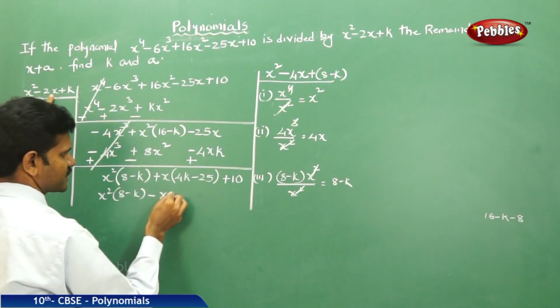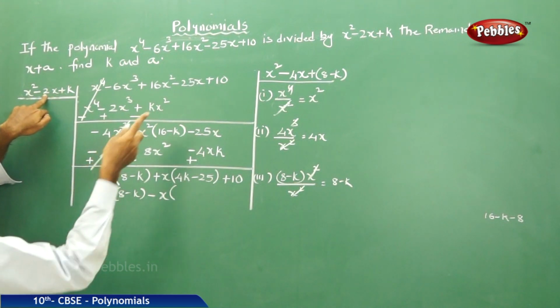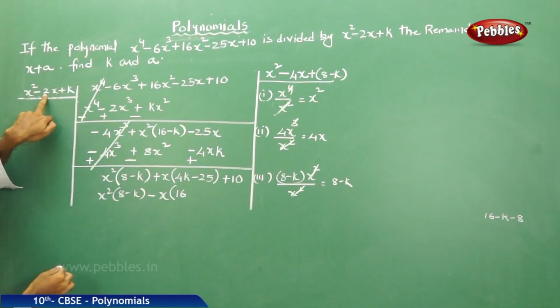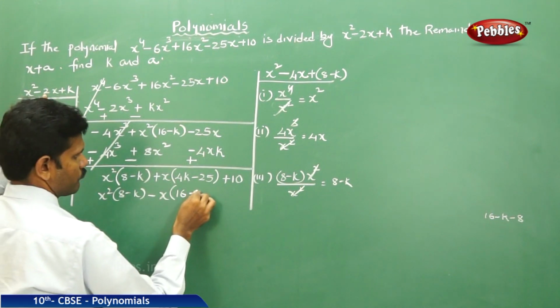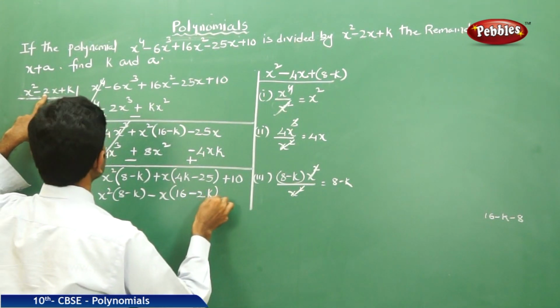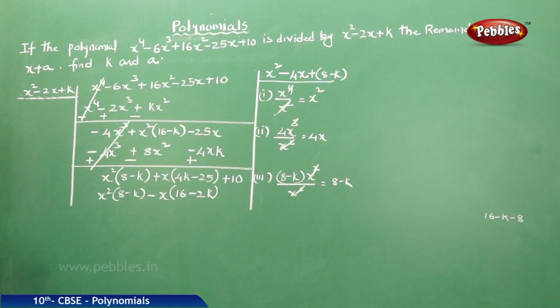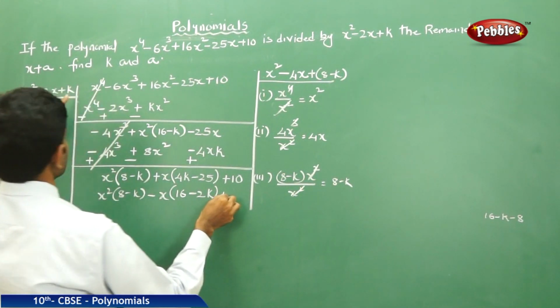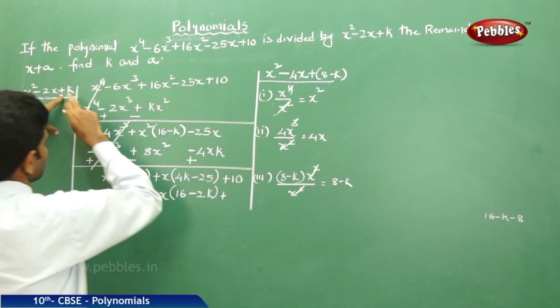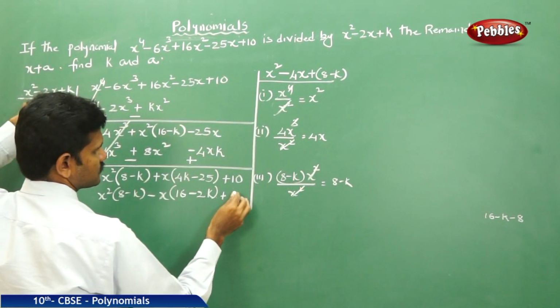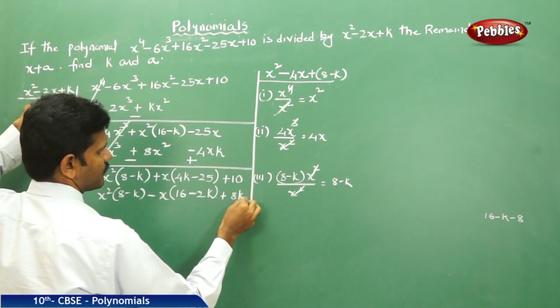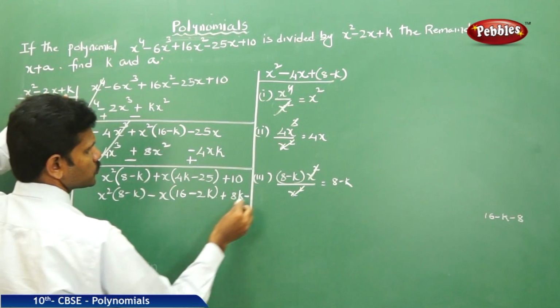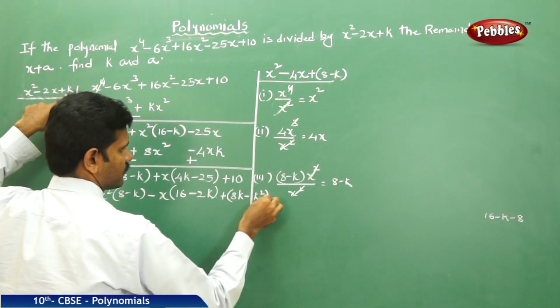Now separate the x terms: 2 into 8 is 16, next minus 2k, and plus k into (8 minus k) is 8k minus k^2.